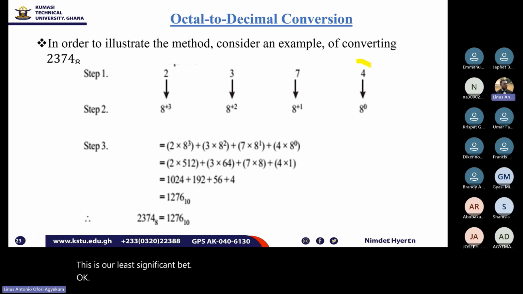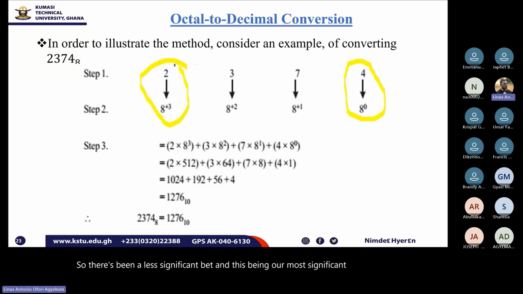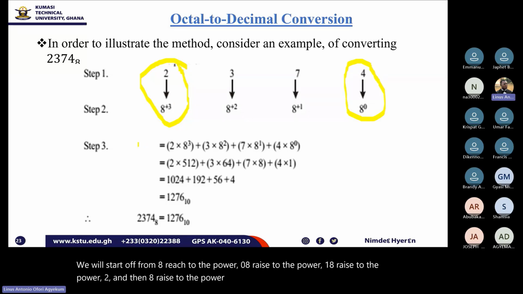So this being our least significant bit, and this being our most significant bit, we will start off from 8 raised to the power 0, 8 raised to the power 1, 8 raised to the power 2, and then 8 raised to the power 3. And then when we are done with that, we come to the next step.